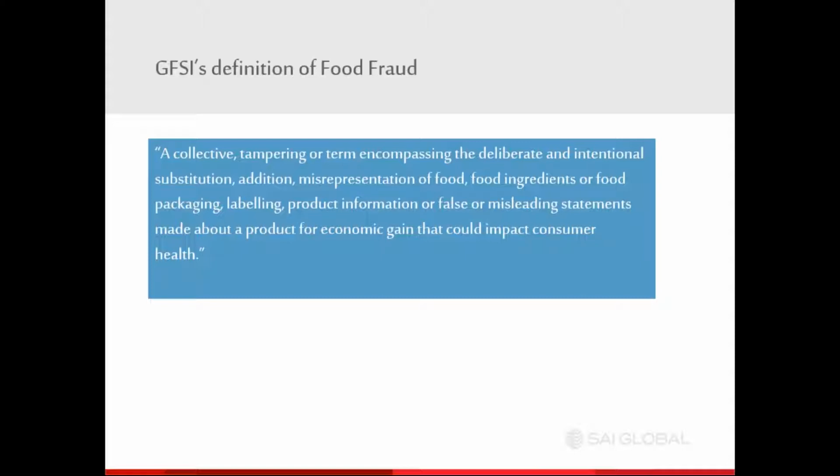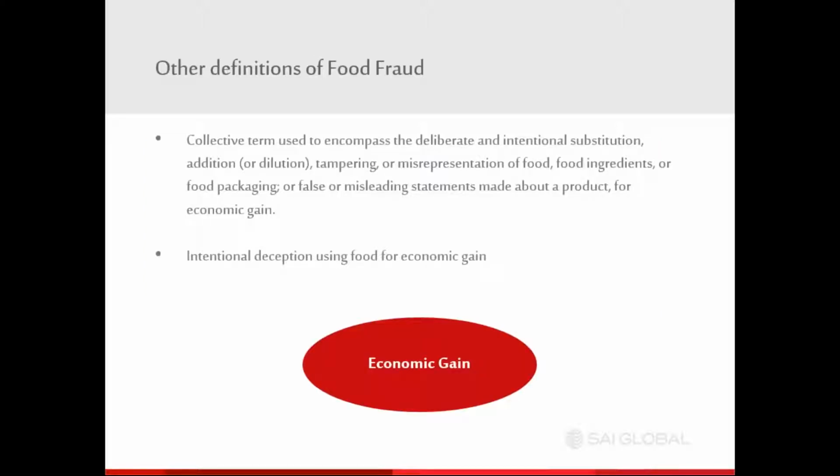A collective term encompassing the deliberate and intentional substitution, addition, or misrepresentation of food ingredients or food packaging, labeling, product information, or false or misleading statements made about a product for economic gain that could impact consumer health. So the main thing here is it's for economic gain that could impact consumer health. And later on, I'll show you some examples of those exact consumer health things that have happened.